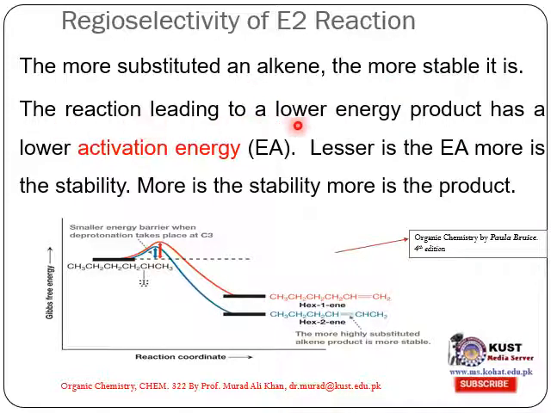The reaction leading to a lower energy product has a lower activation energy. Lesser is the activation energy, more is the stability. More is the stability, more is the product.